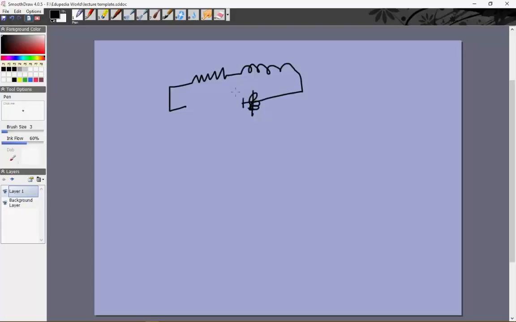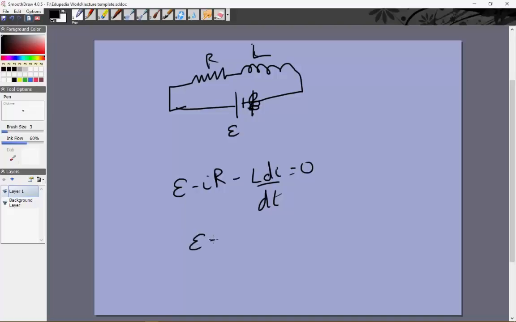So this should be, let's say this is the smaller terminal, bigger terminal, E, R, I, L. So the equation will be E minus IR minus L di by dt is equal to 0. This was what we started this video from, right? We can write it in a little bit different way. We can write it as E is equal to IR plus L di by dt.